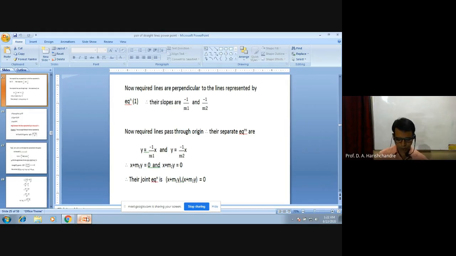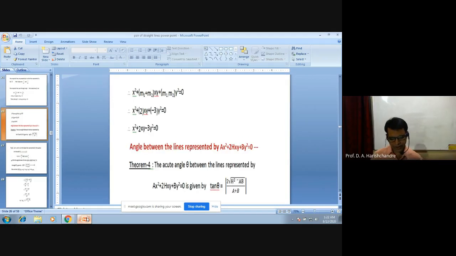You can take the product of the two binomials on the left hand side so that it becomes x square plus m1 plus m2 into xy plus m1 into m2 into y square is equal to 0. The value of m1 plus m2 can be replaced by 2 and m1 into m2 by minus 3. So it becomes x square plus 2xy minus 3y square is equal to 0. Okay, and this is the joint equation of the two required lines.